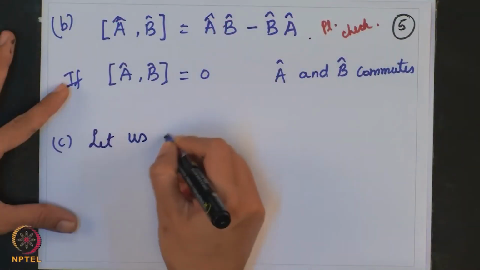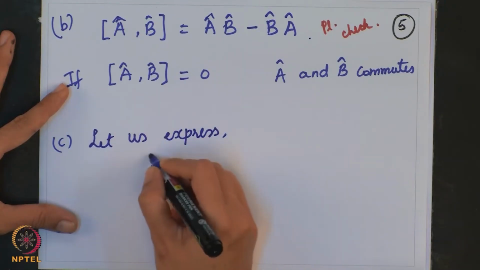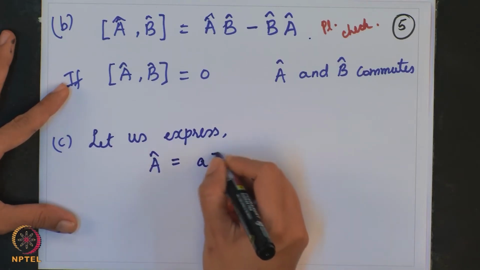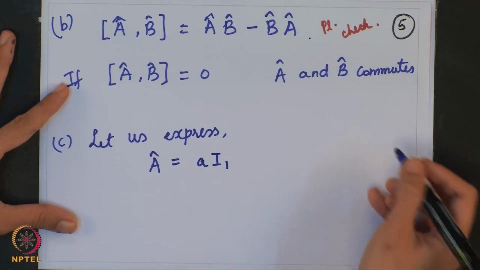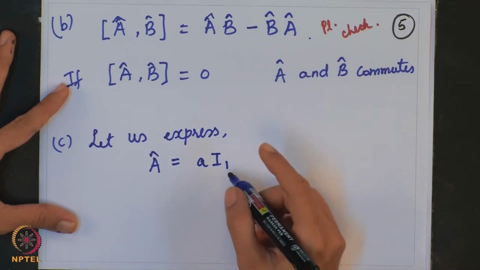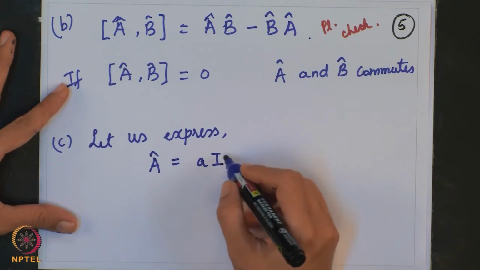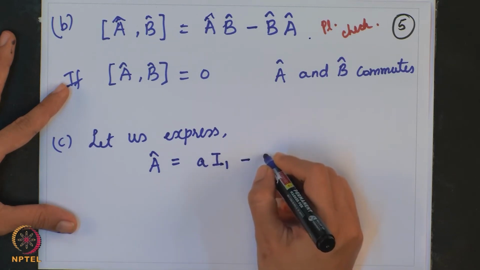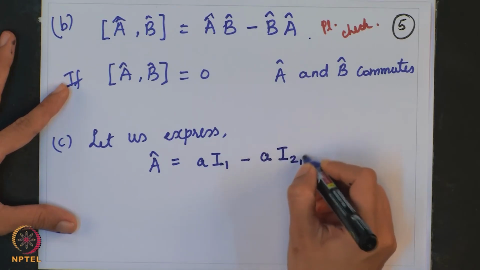So, let us express operator A as a I1, where I1 is the one dimensional identity operator, minus a I2,3.